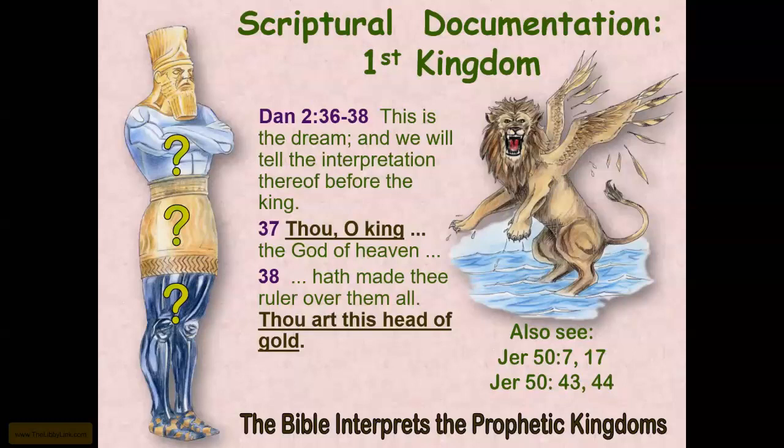Thou, O king, the Elohim of heaven, hath made thee ruler over them all. Thou art this head of gold. Okay, and there's also other reference verses for others to look up as well. So representing the first kingdom of Babylon is the gold head as depicted, because the Bible interprets the prophetic kingdoms.